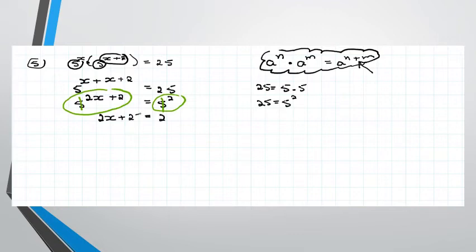Then I take the 2 to the right-hand side. So I'm going to have 2x equals 2 minus 2. On the left, 2x equals, and I can see that 2 minus 2 is of course going to give me a value of 0.